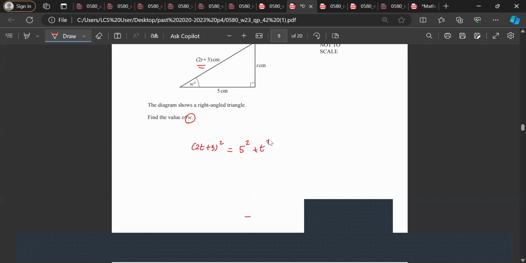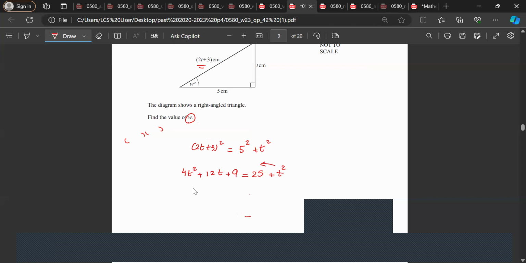Then I am going to expand it. This will be 4t squared. How to expand this? You can make it into two brackets like this, or you can do it directly. Plus 12t plus 9 equals 5 squared, which is 25, plus t squared. Then bring them all to the same side.